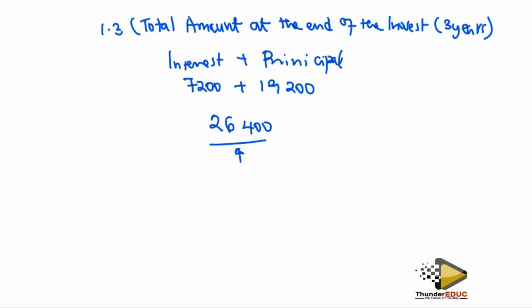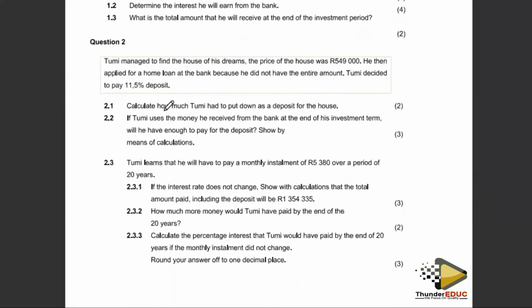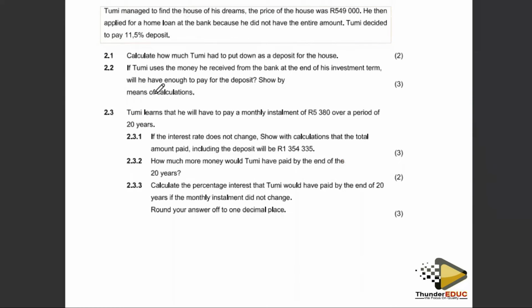All right, we go to question number 2. Tommy, the same person, managed to find the house of his dreams. The price of the house was 549,000. He then applied for a home loan at the bank because he did not have the entire amount.